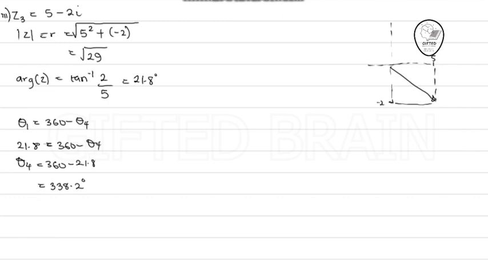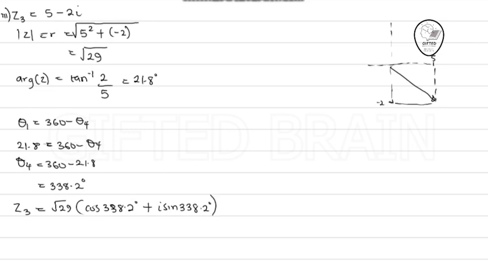So we can now say that Z3 should be root 29 into cos 338.2 degrees plus I sine 338.2 degrees. So that's all.